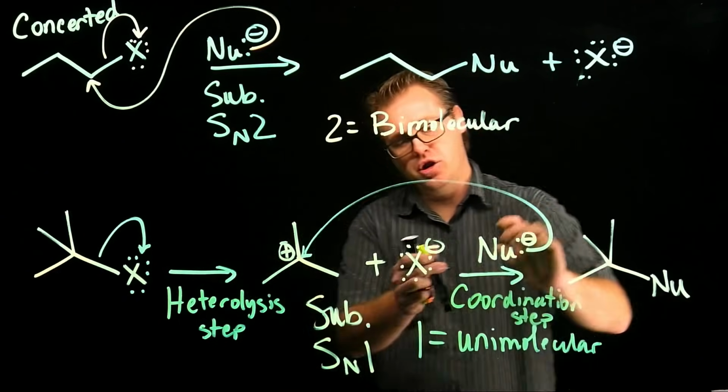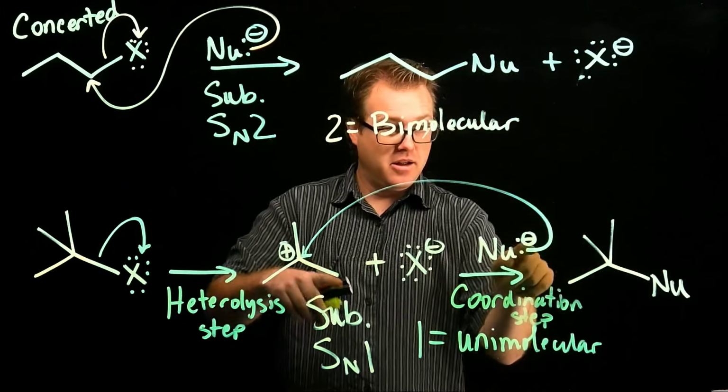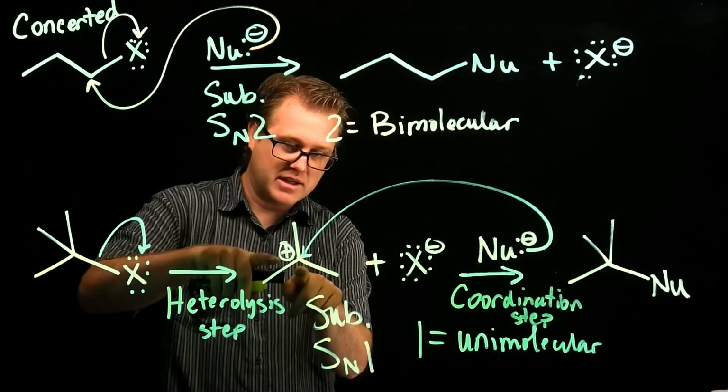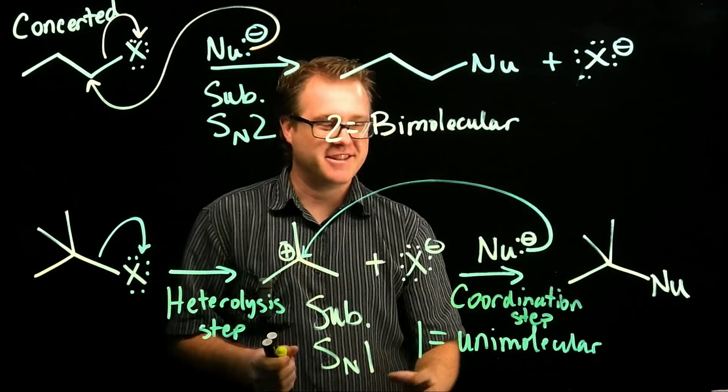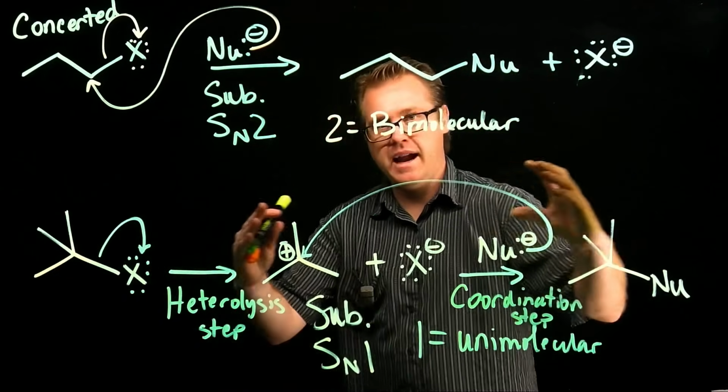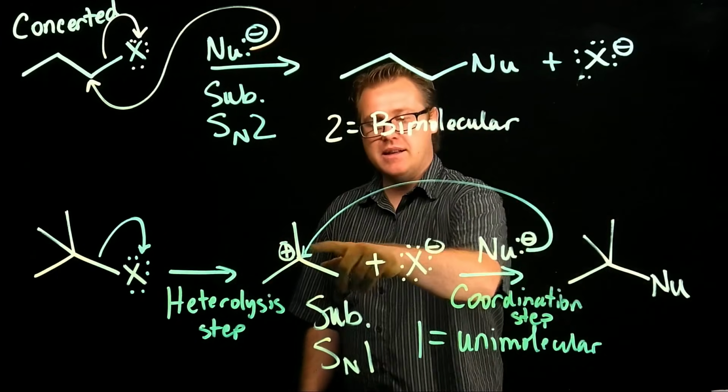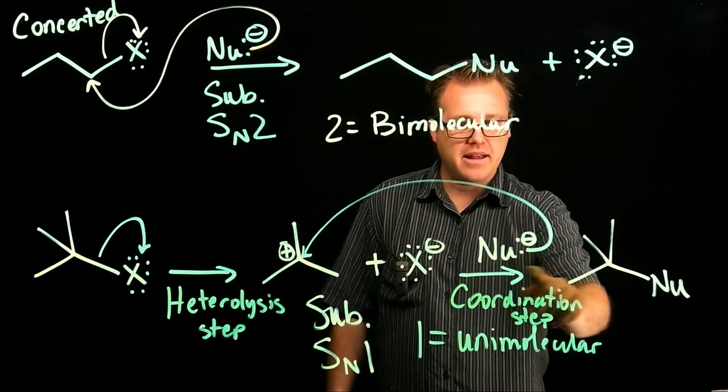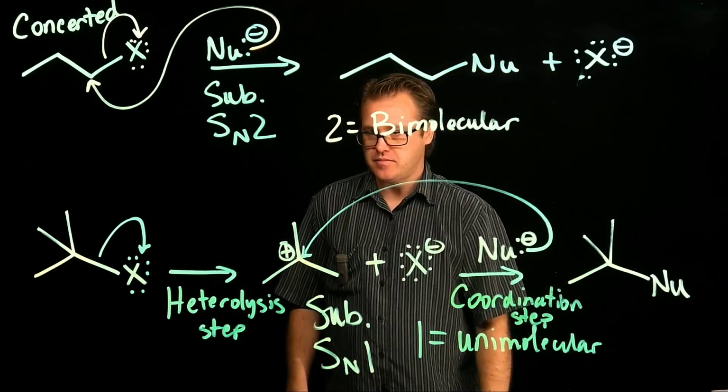You can see that the nucleophile is negatively charged, and the carbocation is positively charged. There's going to be an attraction there, and they're coordinating with one another. So that's a coordination step, and then that forms our product.